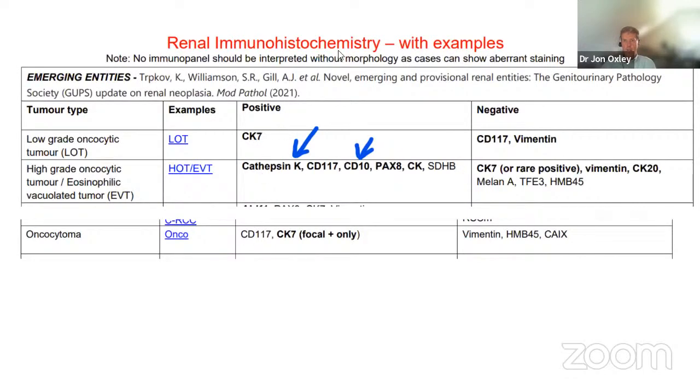If you've come across this table, it's in the document folder. You can see that HOT or EVT is cathepsin K positive and CD10 positive. We weren't provided cathepsin K, but the CD10 was negative. The other panel was quite similar to an oncocytoma.